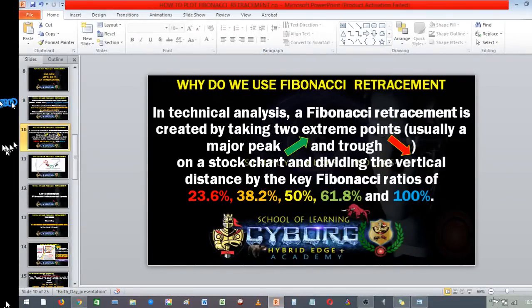In technical analysis, a Fibonacci retracement is created by taking two extreme points, usually a major peak and a trough, on a stock chart and dividing the vertical distance by the key Fibonacci ratios of 23.6%, 38.2%, 50%, 61.8%, and 100%.